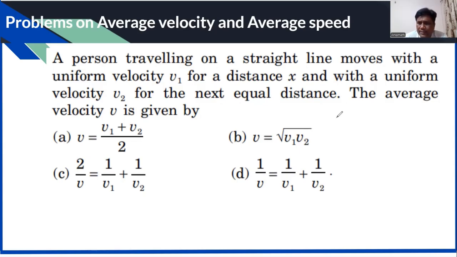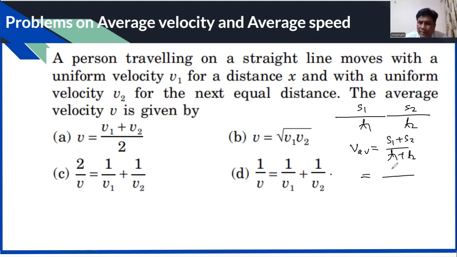Okay. Say this is the first stage S1, this is the second stage S2, time taken T1, time taken T2. So it means average velocity is what? By definition, S1 plus S2 by T1 plus T2. Now actually it is given that the distance is the same, so S plus S, and T1 can be written as S by V1, T2 as S by V2.